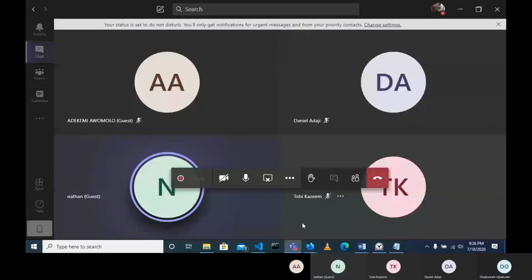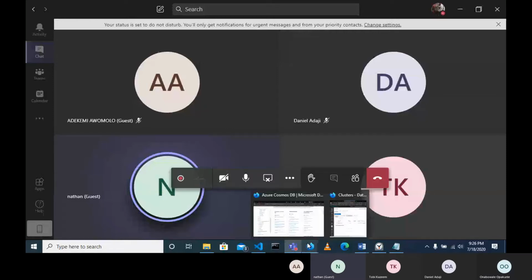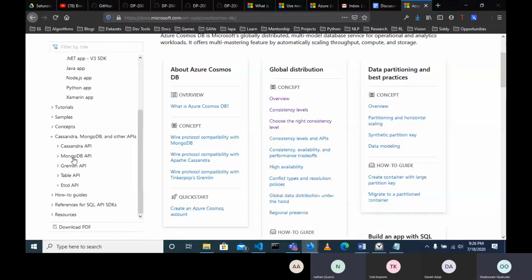How about MariaDB? MariaDB. Yes. I'm not sure if that is supported. I've not come across that.